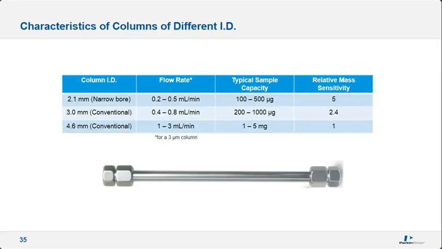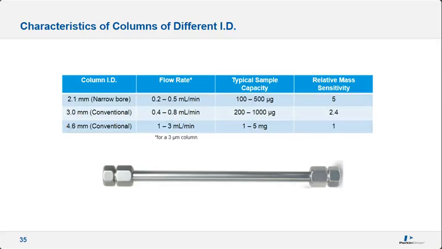Our sample capacity is increased to between 200 and 1,000 micrograms, and the relative mass sensitivity is 2.4. If we use the conventional 4.6 millimeter ID columns, the flow rate range is typically between 1 and 3 mL per minute.